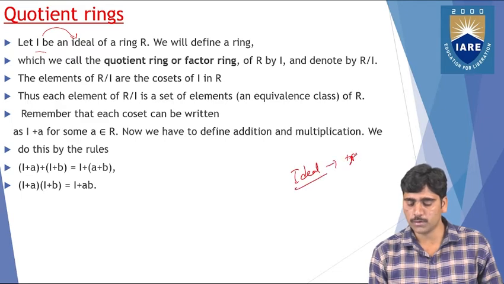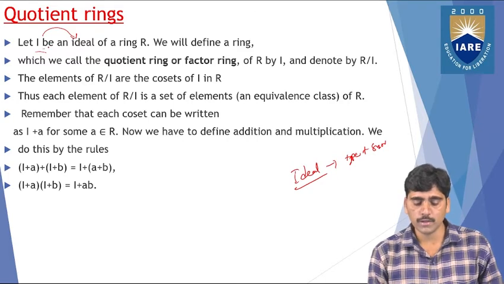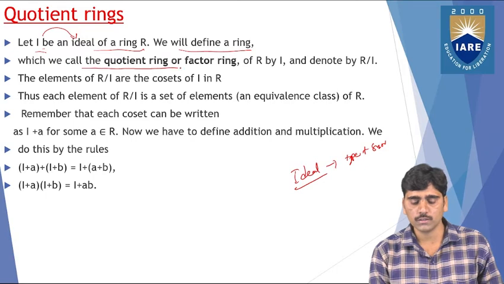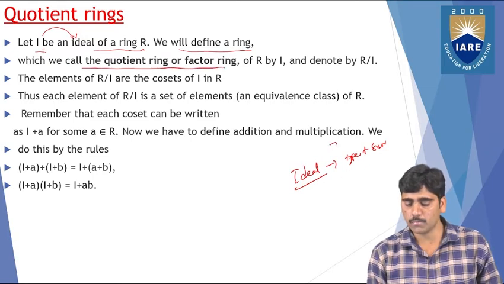Let I be an ideal of a ring, and we will define a ring which we call the quotient ring. If any ring becomes an ideal, then that ring is said to be a quotient ring.